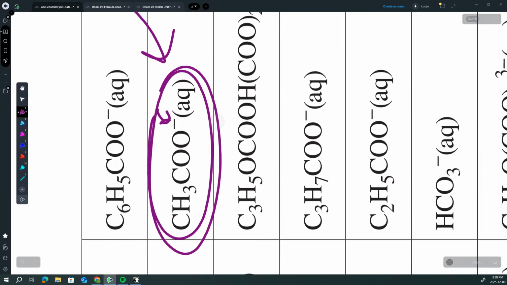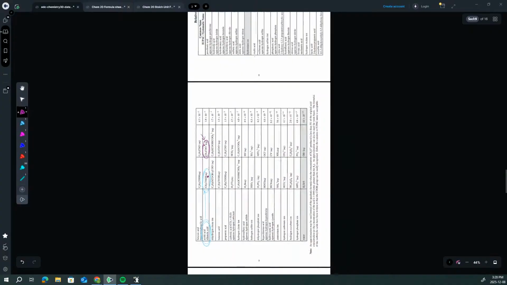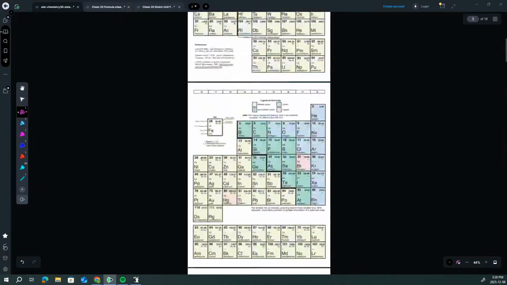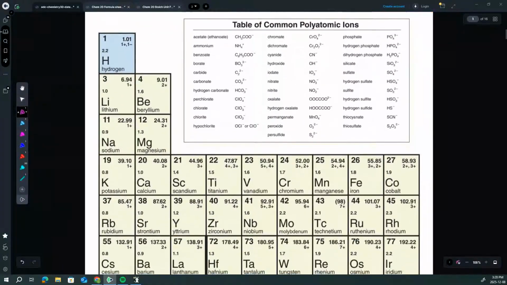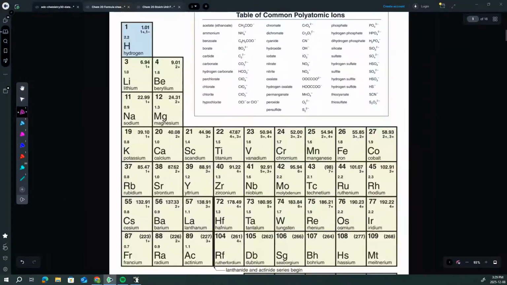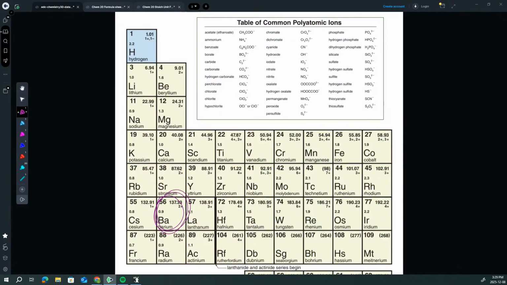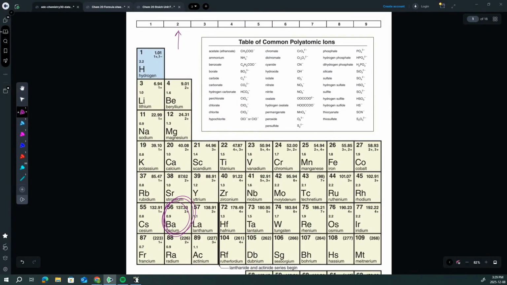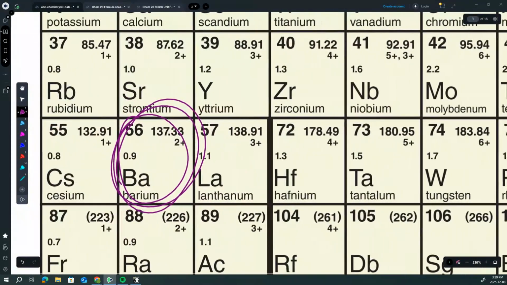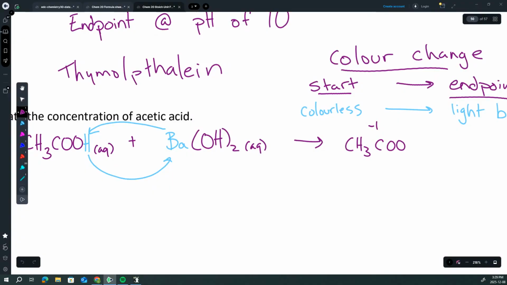Now barium, because it's in group 2, let's just see that for a second here. Barium's number 56, so it's part of group 2, and it likes to have a 2+ charge on it. So if I write barium here, we're going to need 2 acetate ions in order to balance out the barium ion.